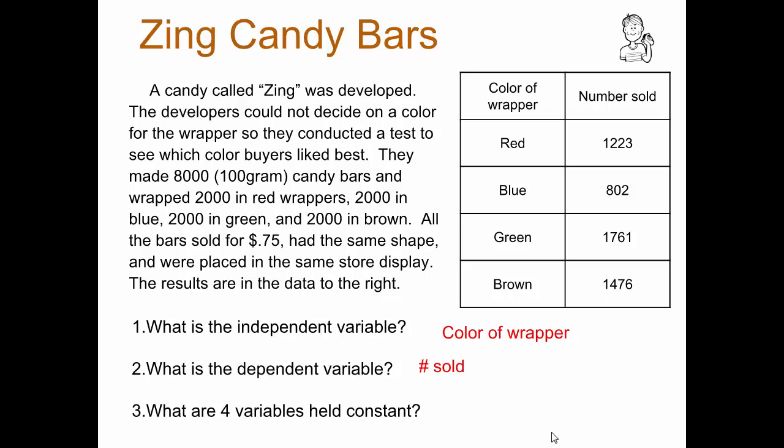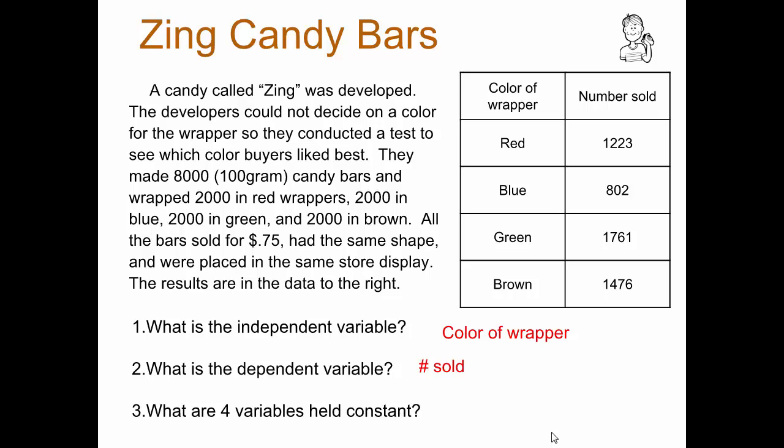How about some of the variables that they had to hold constant in this experiment? Jordan, give me one. The colors. No, the colors were different. So remember, variables held constant are the things you try to keep the same. Lindsay? Same store. Casey? Type of candy. Same type of candy. Emily?